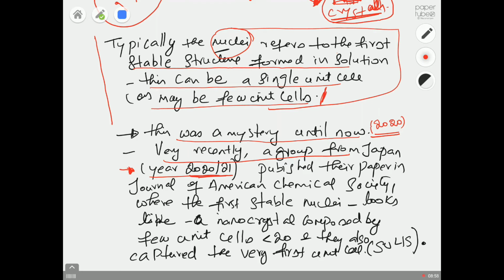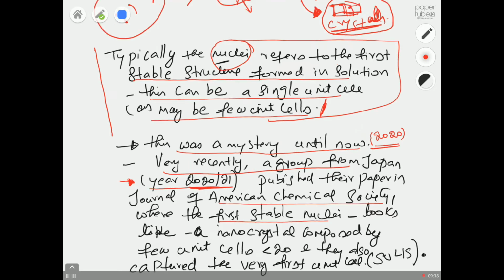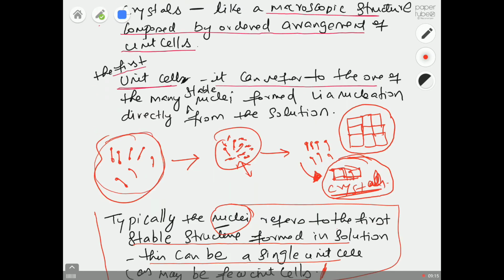I'm going to upload this article in Sulis, and I'm also going to upload a few videos which they captured. They used a transmission electron microscope, a very, very sophisticated technique, and they monitored directly what happens. Instead of imagining like you and me, they decided to make some effort to see what really happens under the microscope, and somehow they managed.